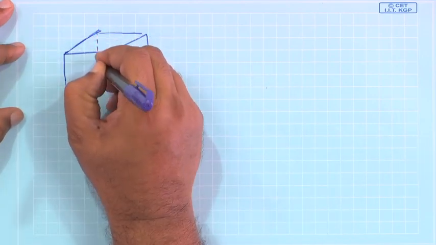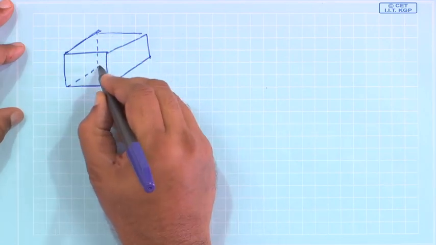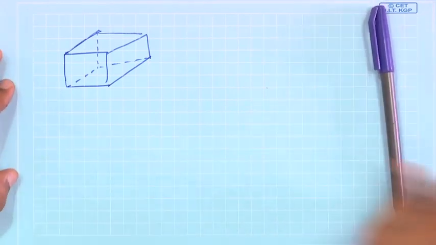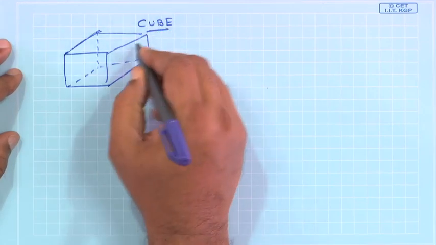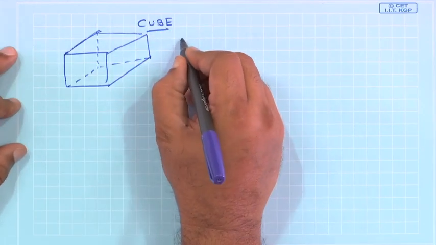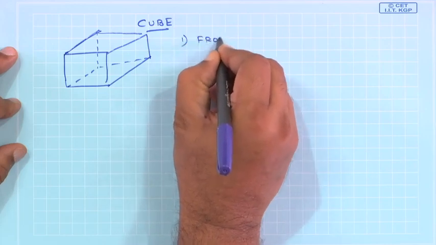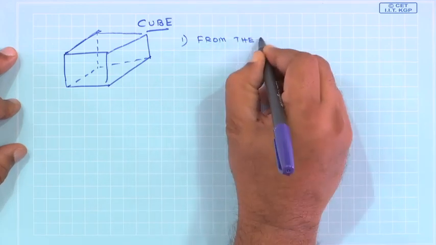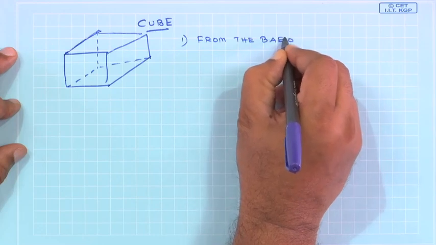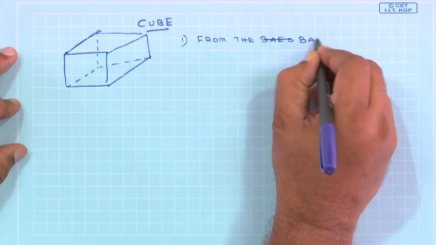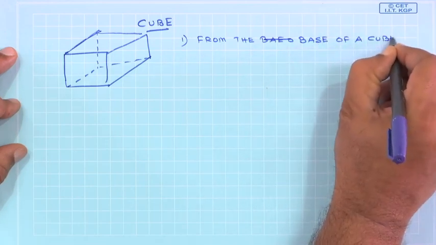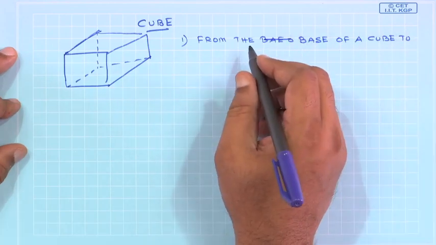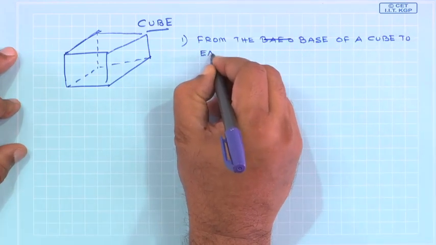But this is a cube, so all sides are the same, and you have to first find out the view factor from the base of a cube to each of these surfaces.